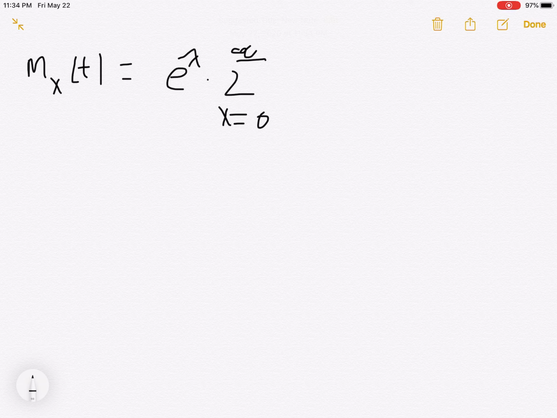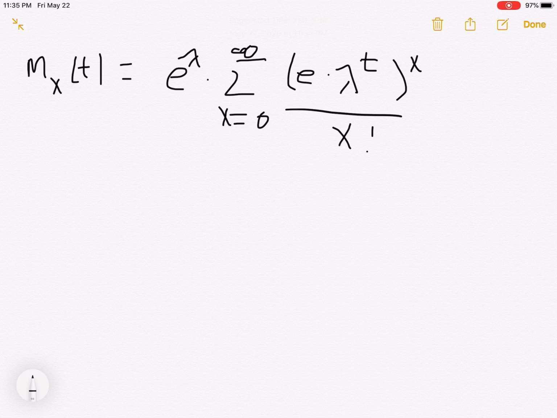What I have is the moment generating function is going to be e to the minus lambda times the summation from x equals 0 to infinity of lambda times e to the t, all raised to the x power, divided by x factorial.